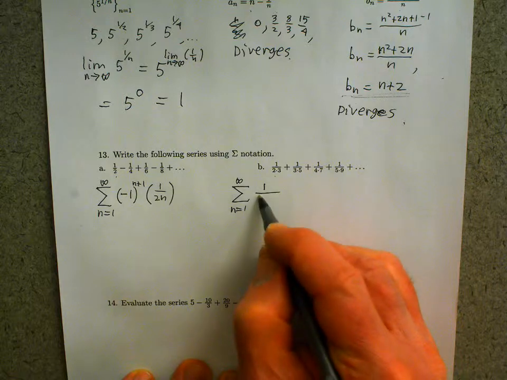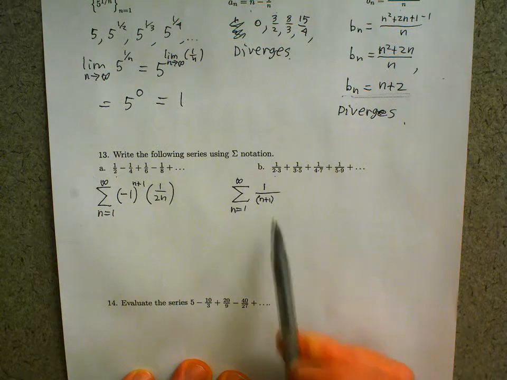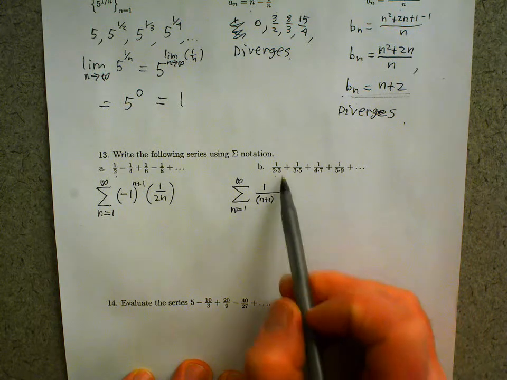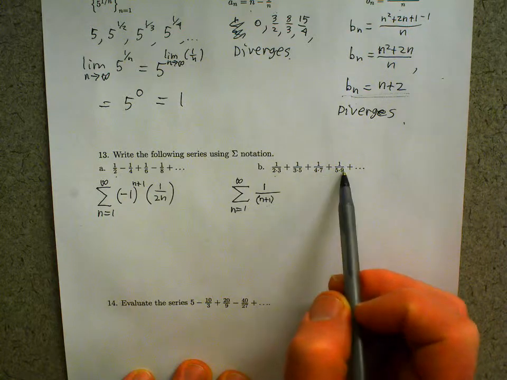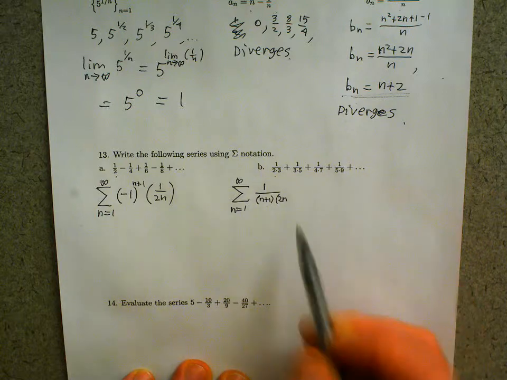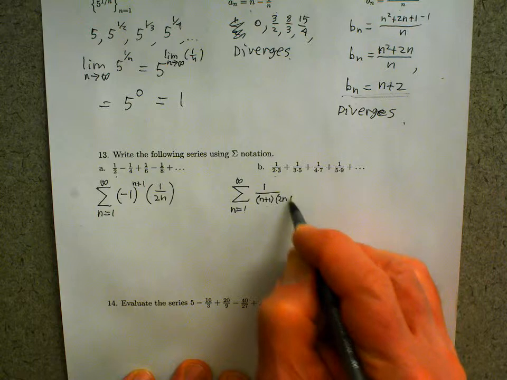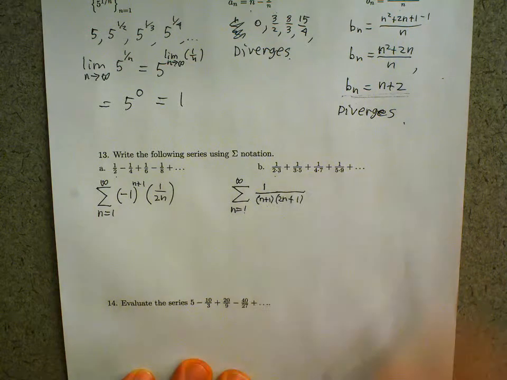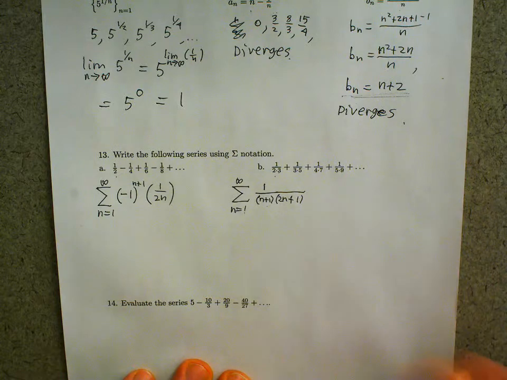So the left factor corresponds to n plus 1. The second factor in each denominator increases by 2. So that means we have to have 2 times n. And let's see, when n is 1, 2n plus 1. So this is the sigma notation for this series.